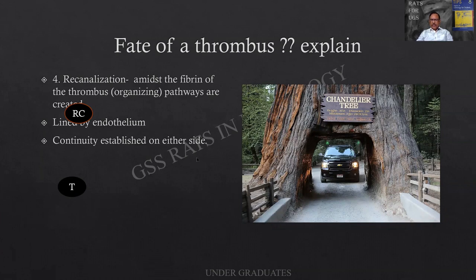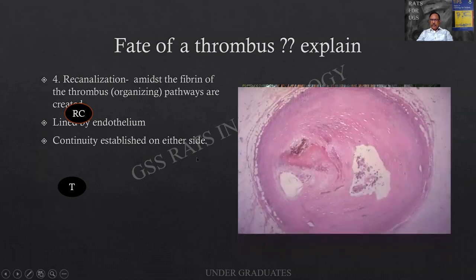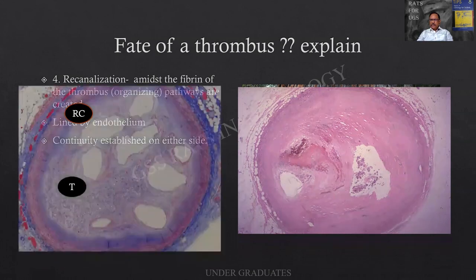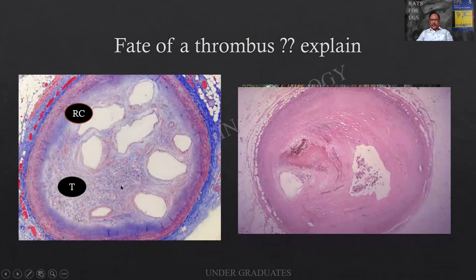It may be a little confusing, but have a look at this one. So this is a large thrombus in a blood vessel and a thoroughfare has been created, and this area is lined by endothelium. In short, this itself behaves like a small blood vessel. This is called recanalization.